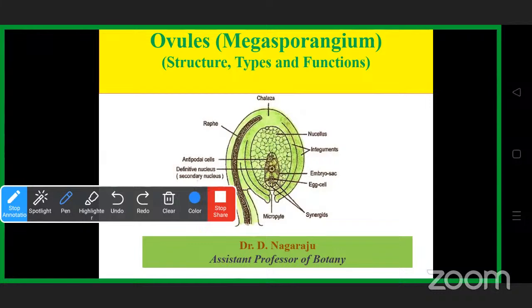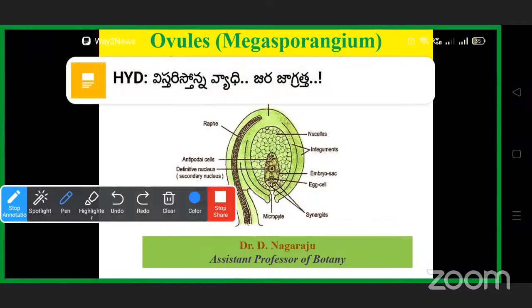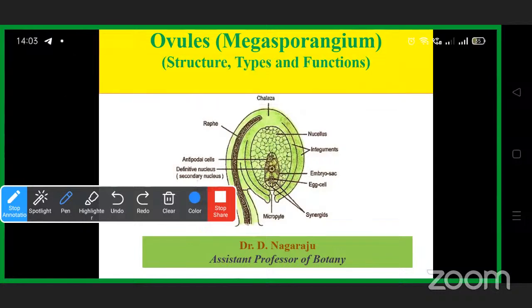And actually in embryology, we have a lot of syllabus to complete before the next week's class. Microsporogenesis, male gamete, megasporogenesis, ovule, and fertilization, apomixis, parthenocarpy. Then what else is there in the syllabus?